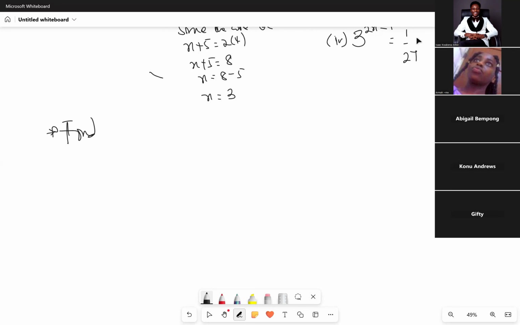Find the values of x and y satisfying the equation.